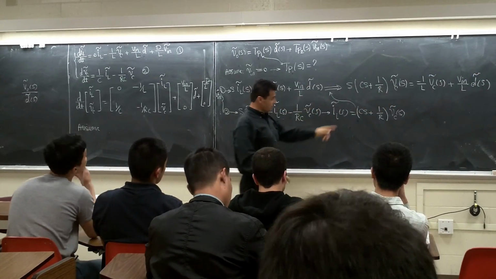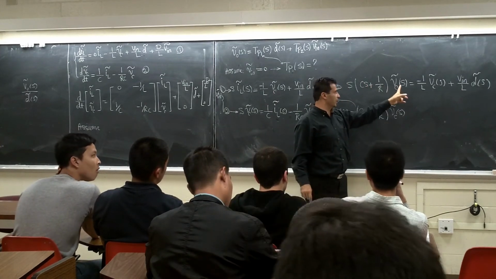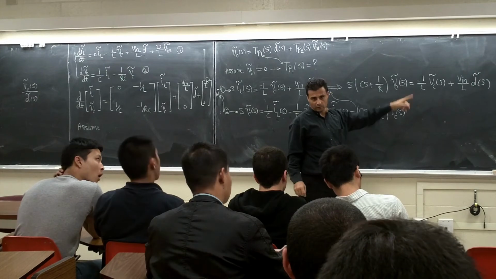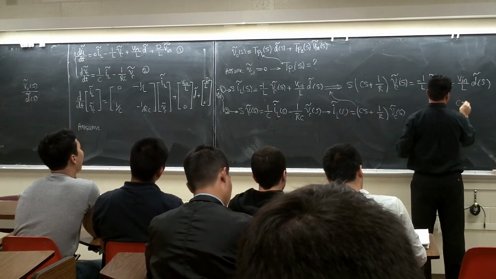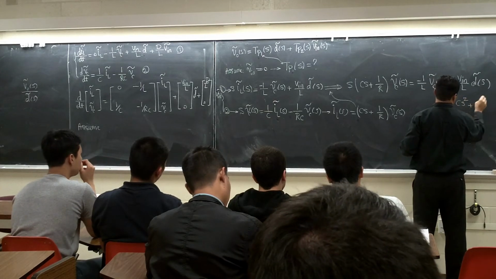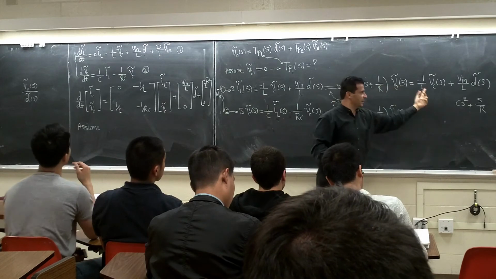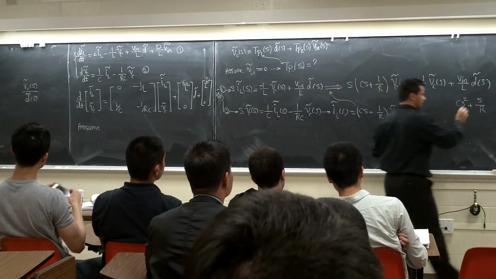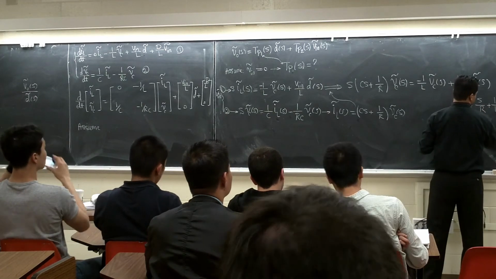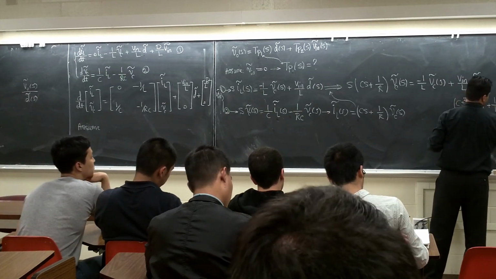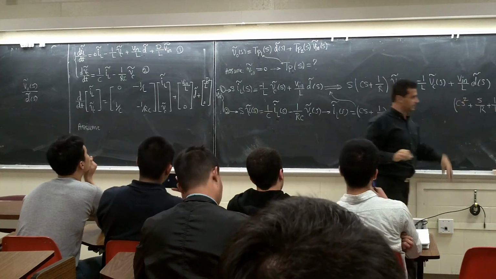Now I bring this term to this side and factor vC tilde(s). It's going to be Cs squared plus s over R, these two terms. Bring this one to this side, it's going to be plus 1 over L, and vC tilde(s) is equal to this term, Vin over L.